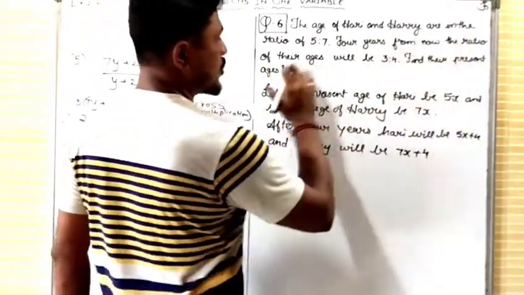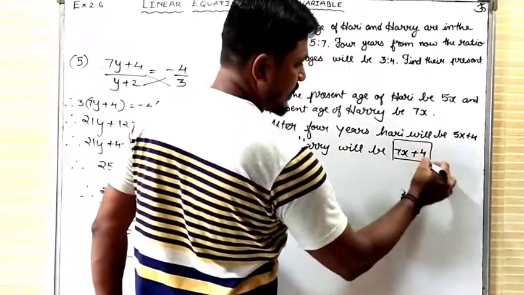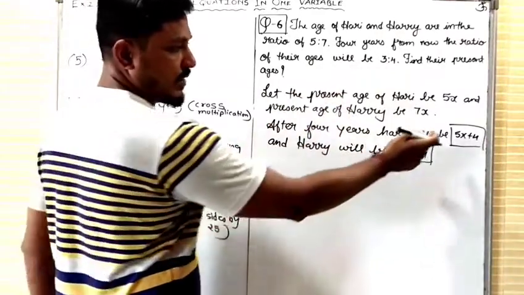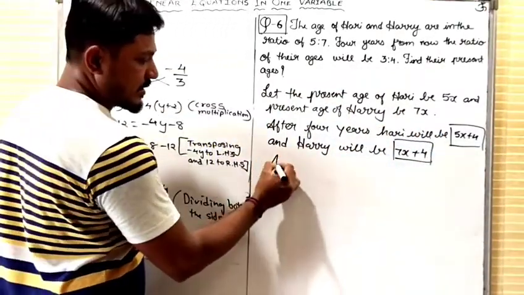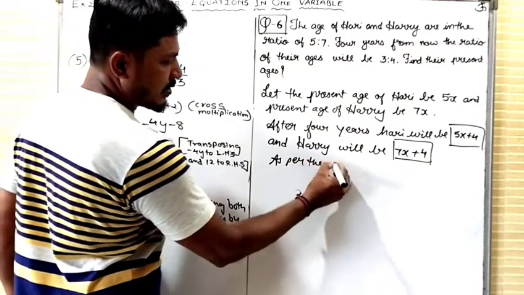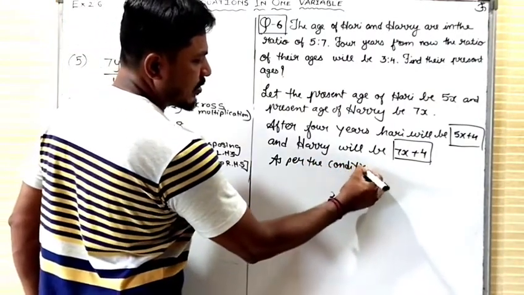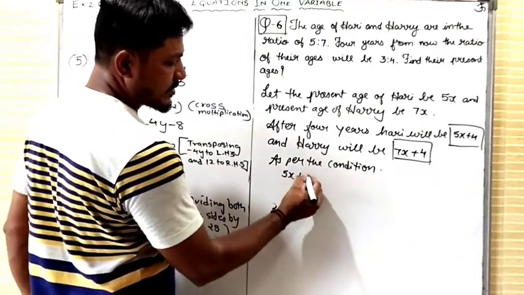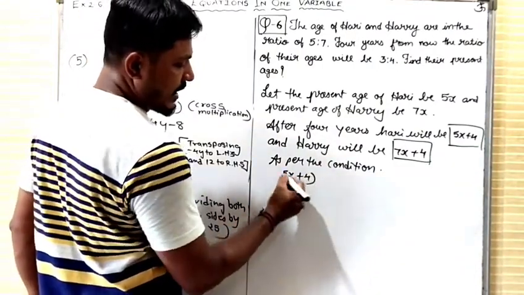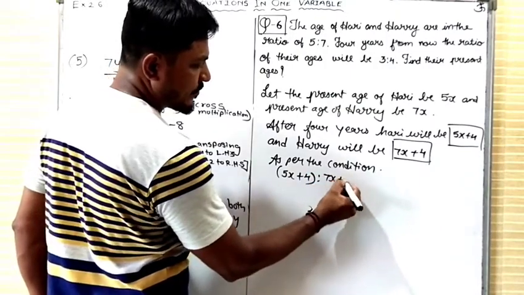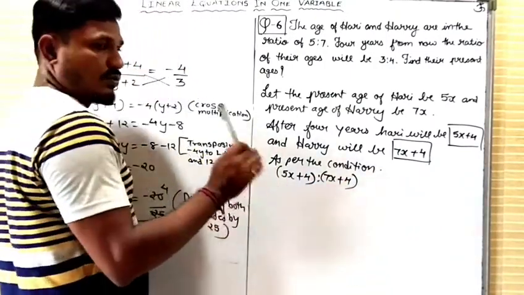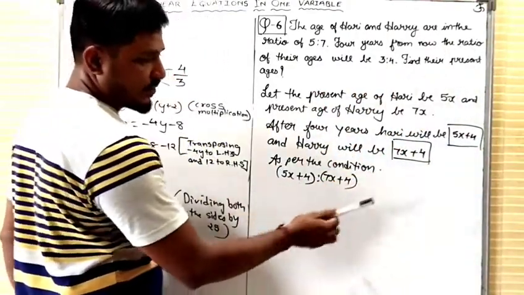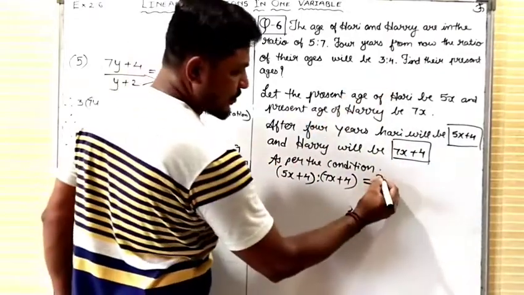Now 4 years from now, the ratio of their ages, so whatever their ages after 4 years, the ratio of their ages will be 3:4. So as per the condition, after 4 years Hari is 5x plus 4 and Harry is 7x plus 4, because they told that 4 years from now the ratio of their ages, so we have to write in ratio form, will be 3:4.